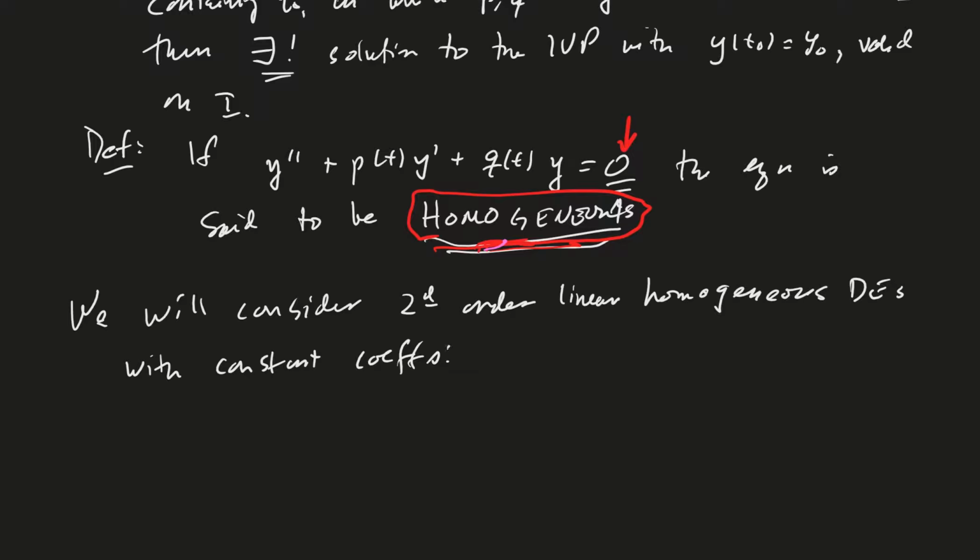That is, differential equations of the form ay double prime plus by prime plus cy equals 0, where a, b, and c are real numbers.